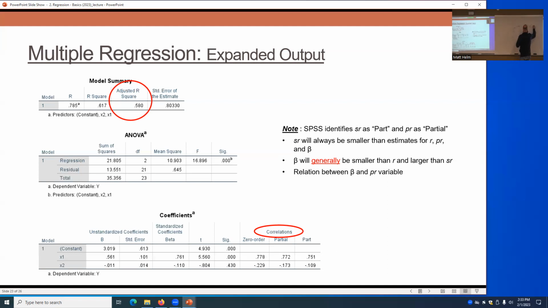I think 595. Okay. So what this is saying is once we pull out variability attributable to X2, about 60% of what's left over is shared with X1. We could do the same for X2, but we're less concerned about that because there's clearly not much going on there.